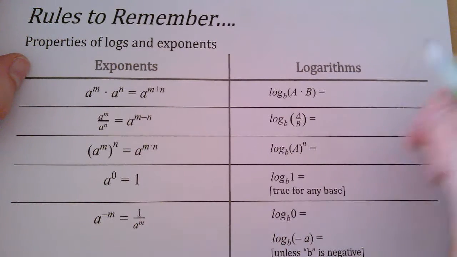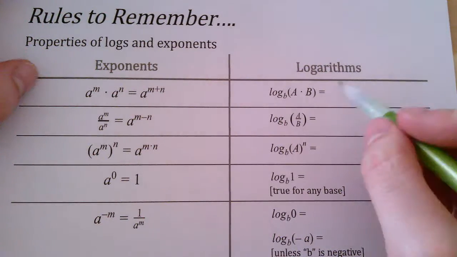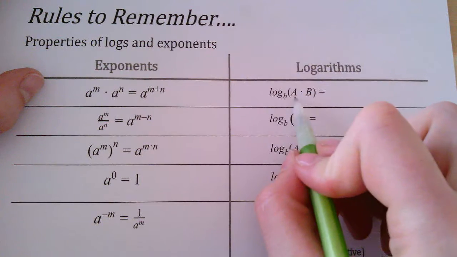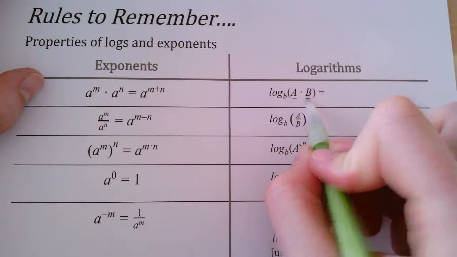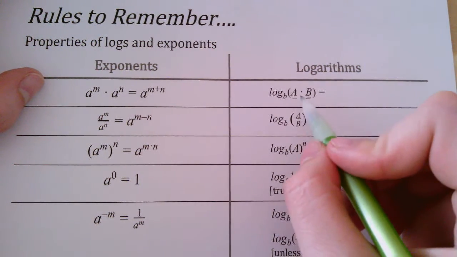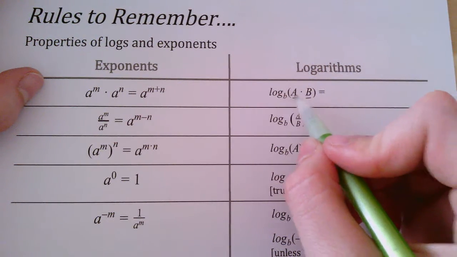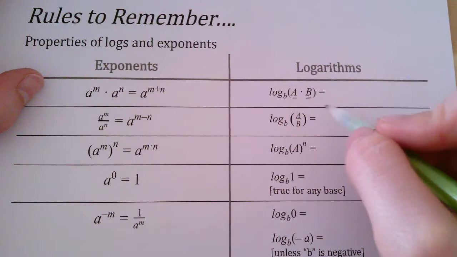So with log properties, this is just your reference sheet, and there are videos on how to use these. But for now, just take notes and use this as reference in the future. If you are multiplying two numbers in the argument of your logarithm, like a and b, then you can actually expand.